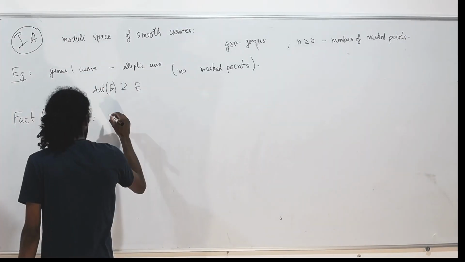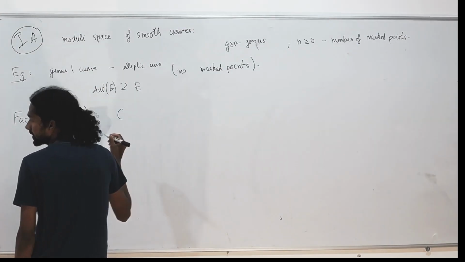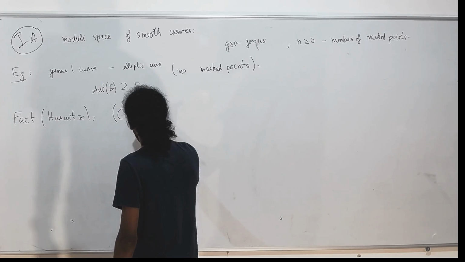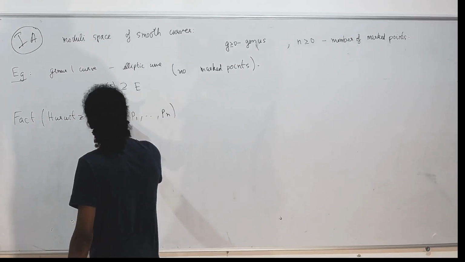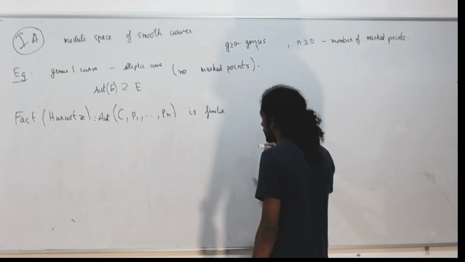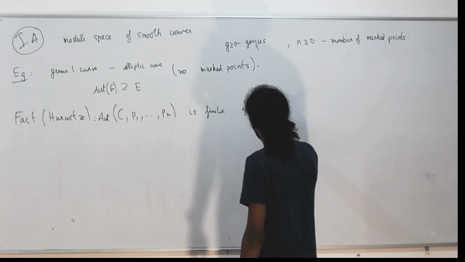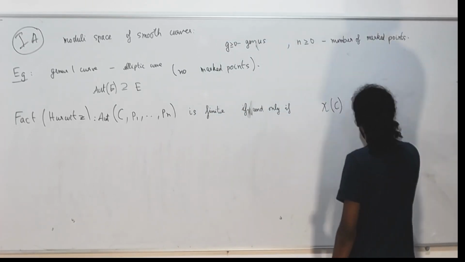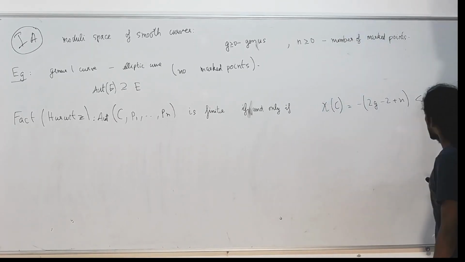And the fact is that for a curve C with marked points P1 up to Pn, the automorphism group is finite if and only if the Euler characteristic is negative.